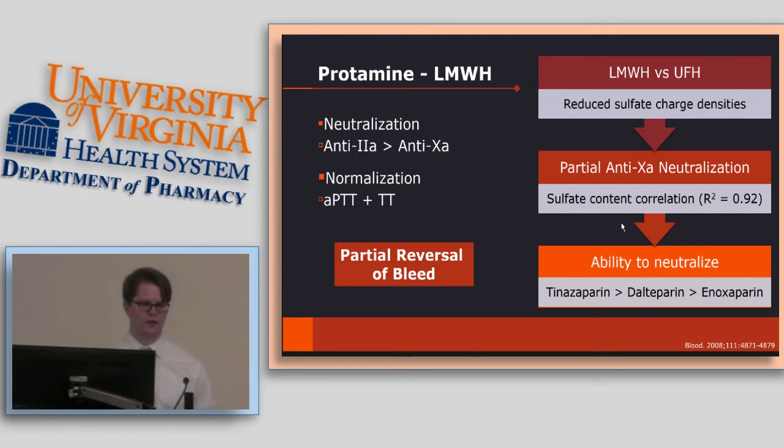And this is largely believed to be due to reduced sulfate charge densities on the low molecular weight heparin molecules themselves. And these reduced sulfate contents have been strongly tied to reduction in anti-10A neutralization. And based upon the specific sulfate content of each low molecular weight heparin, there's increasing efficacy of neutralization.